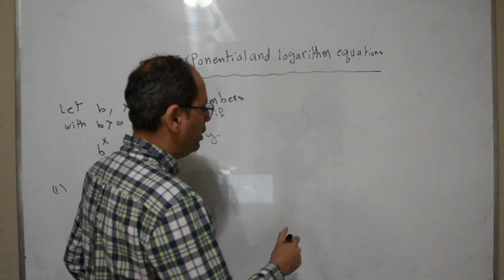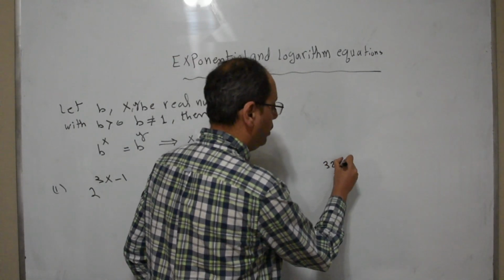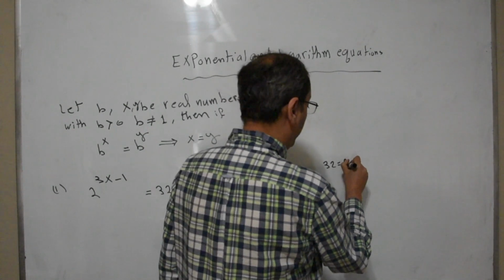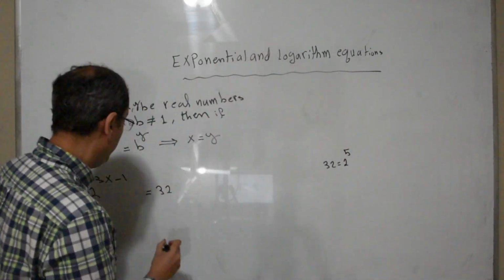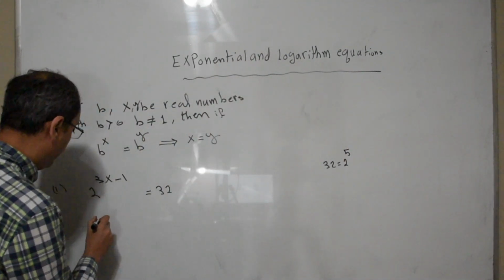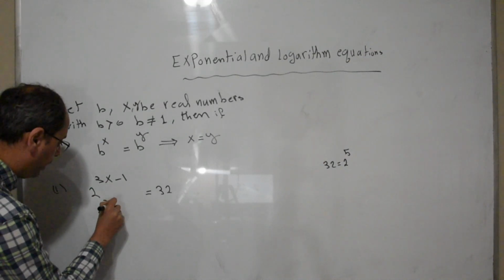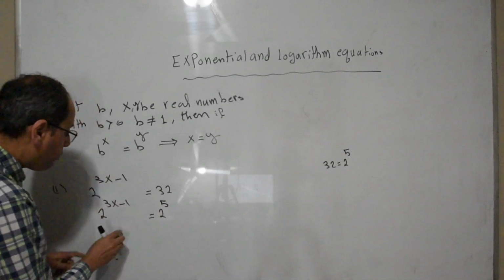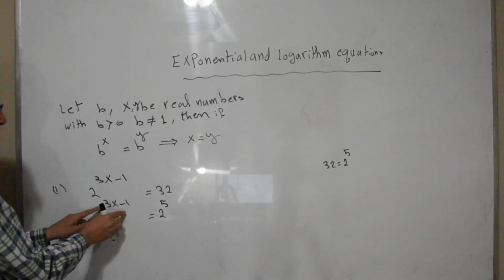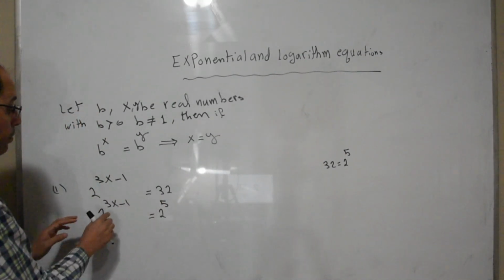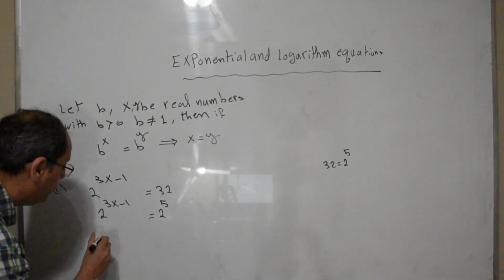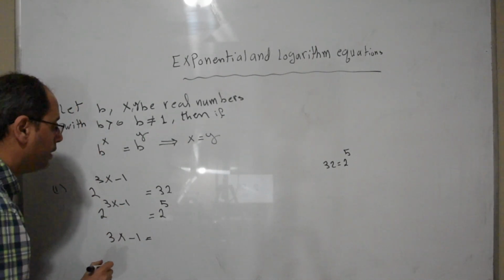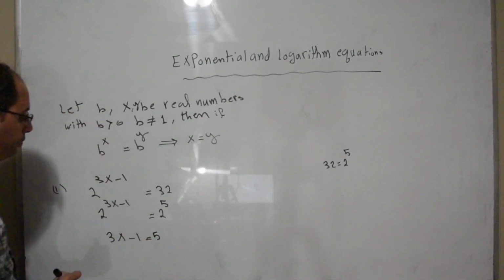Basically, 32 is 2 times 2 times 2 times 2 times 2, five times, so it is 2 to the 5th. So I can write this as 2 to the 3x minus 1 equals 2 to the 5th. Now I have the same base, therefore the exponents are the same. So 3x minus 1 equals 5.